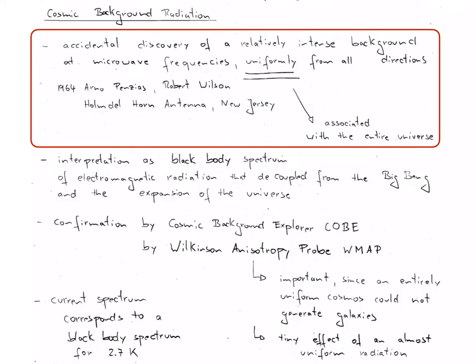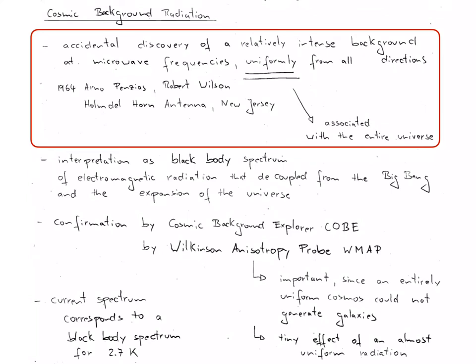The discovery of the cosmic background radiation was entirely circumstantial and by chance. It occurred in 1964 and was carried out by Arno Penzias and Robert Wilson with the Holmdel horn antenna in New Jersey, of which I show an image in a moment.